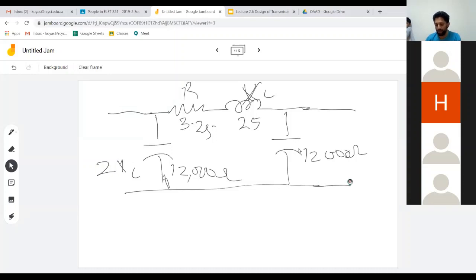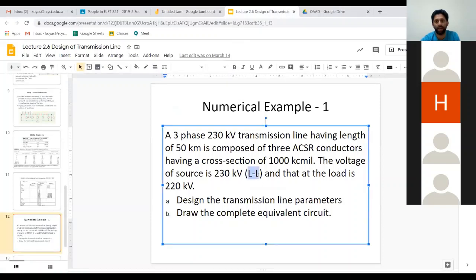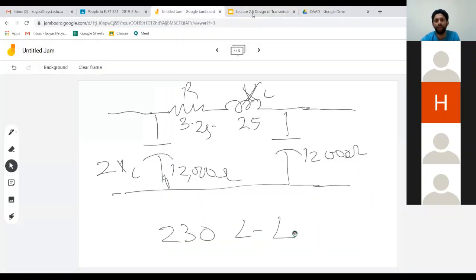Now you need to write what is the voltage. Voltage is already given. Voltage is 230 kilovolt, but that 230 is a line to line voltage. If you make a phase voltage, you have to divide it with √3. 230 divided by √3 is 133.